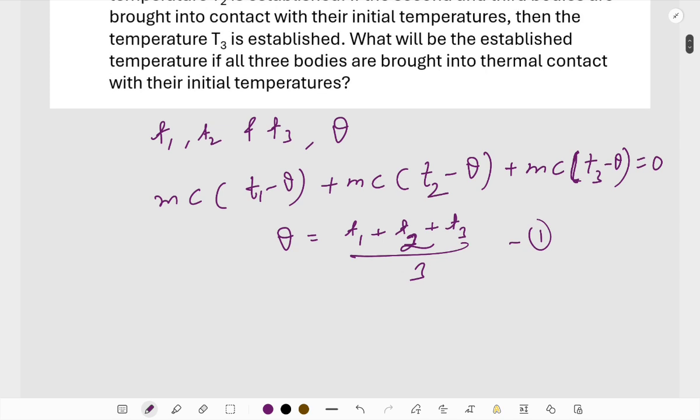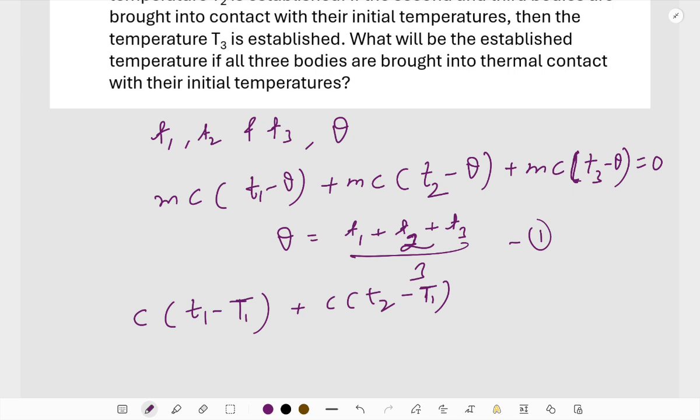For the first pair, I can write c(T1 minus small t1) plus c(T2 minus small t1). I'm not writing the value of m, because after all I'm going to equate them to 0, so m will get cancelled out. But if you want, I can avoid writing c also.